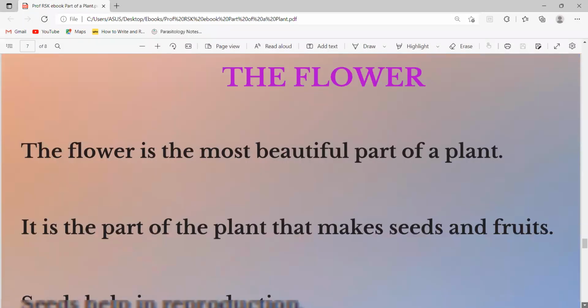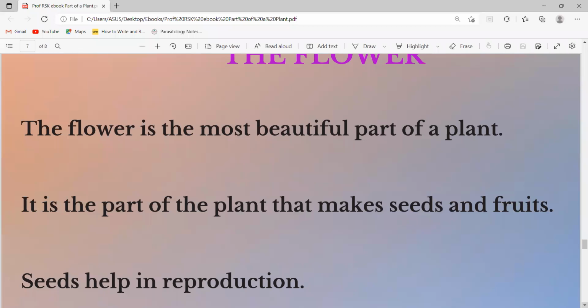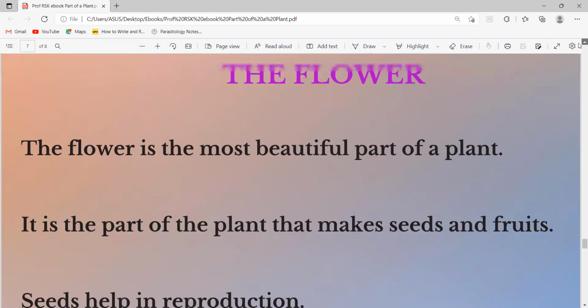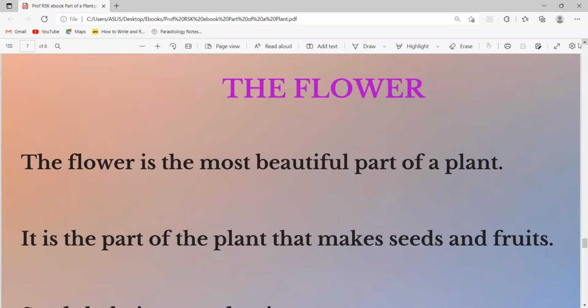Now let's talk about flowers. A flower is the most beautiful part of the plant. Yes, it is true because it's made up of petals, and petals are brightly colored part of the flower, and the purpose is for it to attract insects so that pollination, which is the male and the female gamete meeting, can take place.